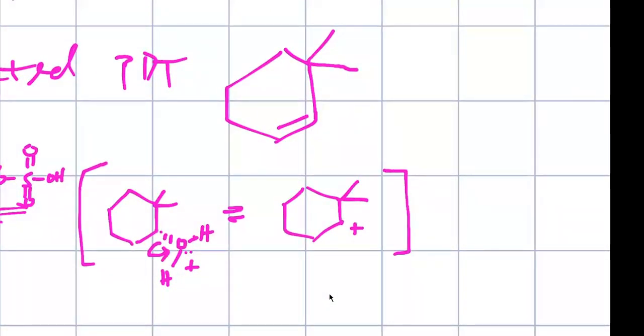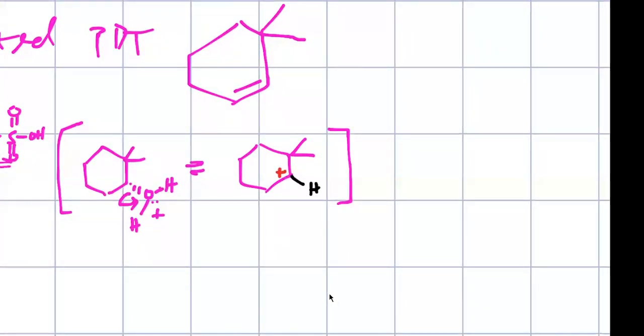All right. So now when we look at that intermediate, what type of carbocation is that? How would you classify it as far as the substitution pattern is concerned? Is it primary? Is it secondary? Is it tertiary? And don't forget, let me put this in too, because that's going to help us solve this problem. There is one hydrogen here, right? So what is it, primary, secondary? What do you think? You should know this.